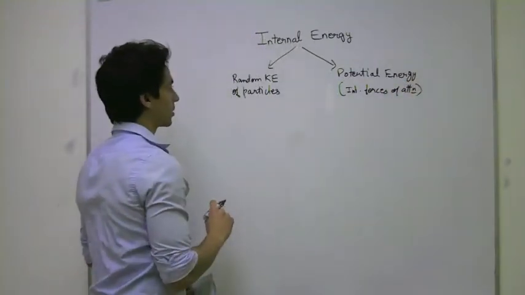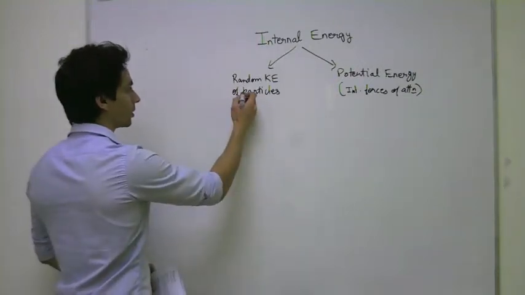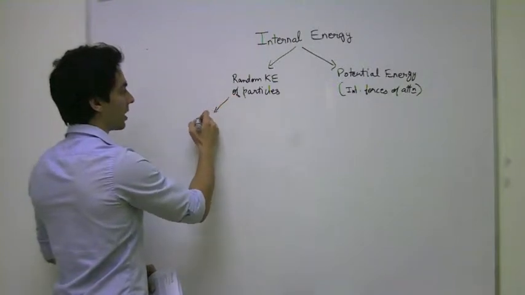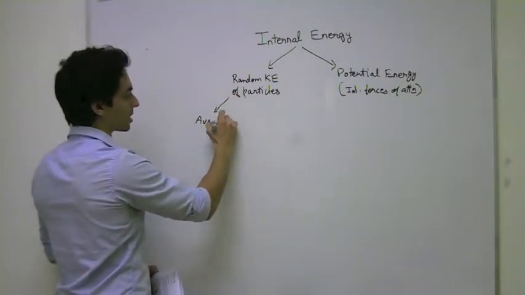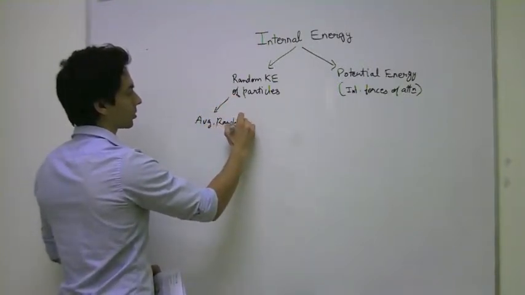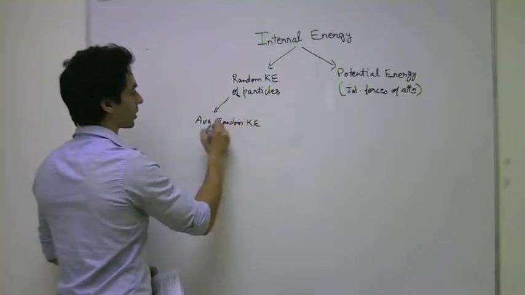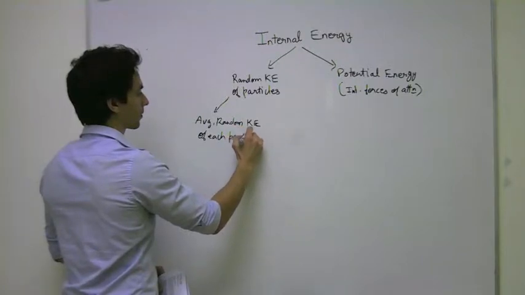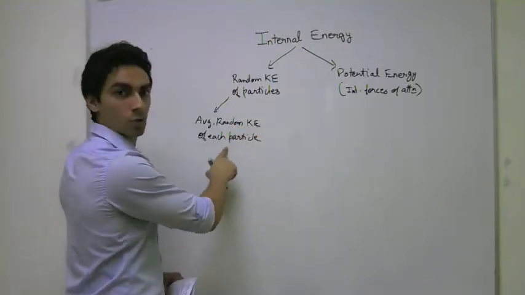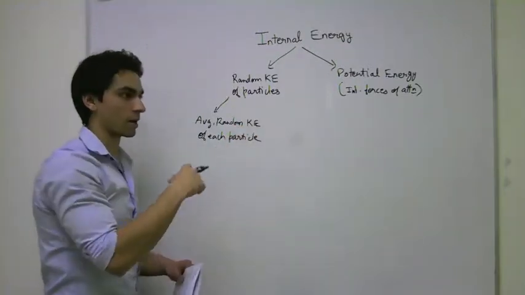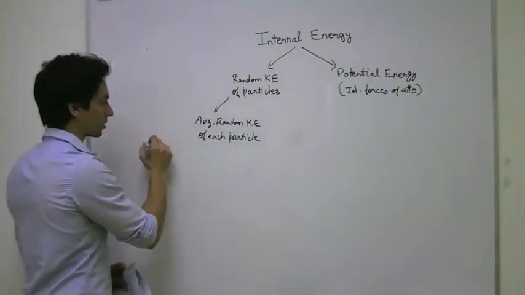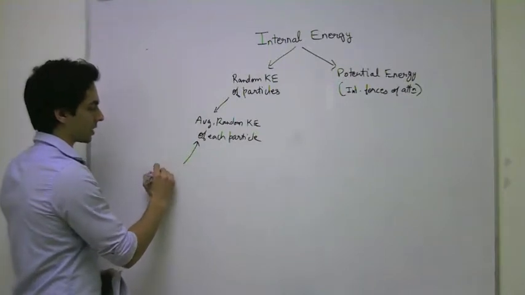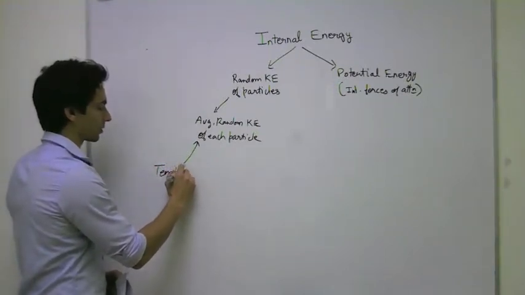Okay? Now, the random KE of the particles determines the average random KE of each particle. Okay? And this microscopic quantity can be measured by a macroscopic property of temperature. So temperature is basically a measure of the average random KE of each particle.